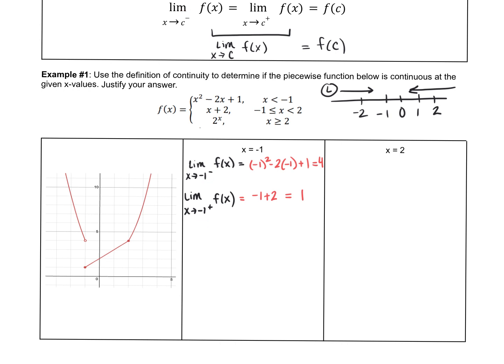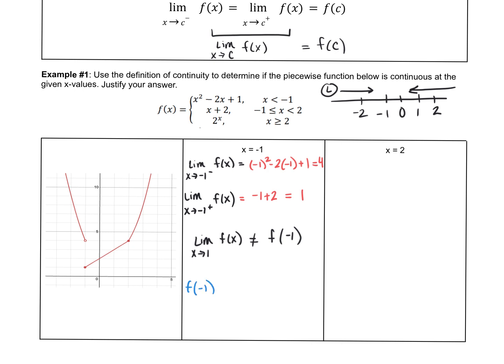So this can't be true because these first two aren't true. So it's not true that the limit as x approaches -1 as a whole is equal to f of -1. And f of -1, maybe we should have shown that work. f of -1 is the value of the function at -1.